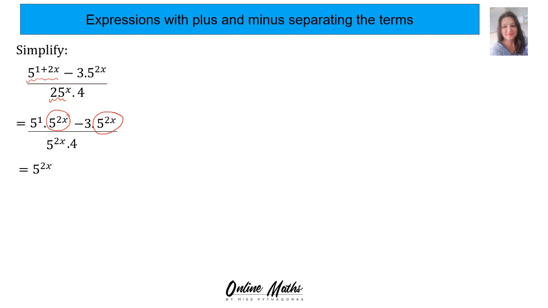When you take out 5 to the 2x, you're left with bracket 5 minus 3, everything over 5 to the 2x times 4. In the next step, 5 to the 2x cancels with 5 to the 2x, and you're left on the numerator with 5 minus 3, which is 2, and at the denominator you're left with 4. So you're left with 2 over 4, which simplifies to a half.